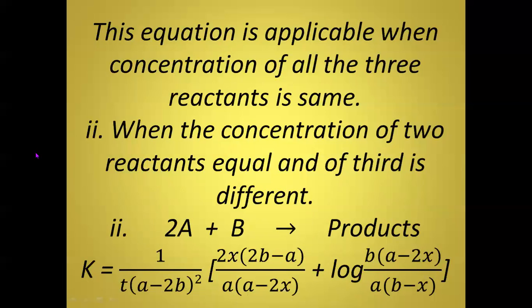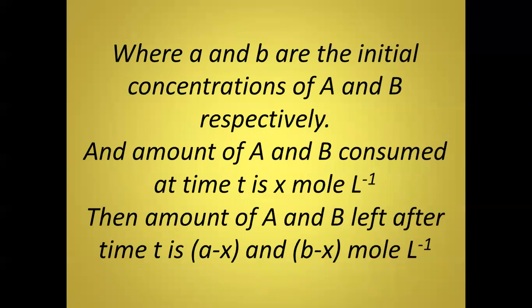Using this equation, we can calculate the rate constant of a second order reaction in which 2 reactants are involved, where A and B are the initial concentrations of reactant A and reactant B, and the amount of A and B consumed at time t is x moles per liter.